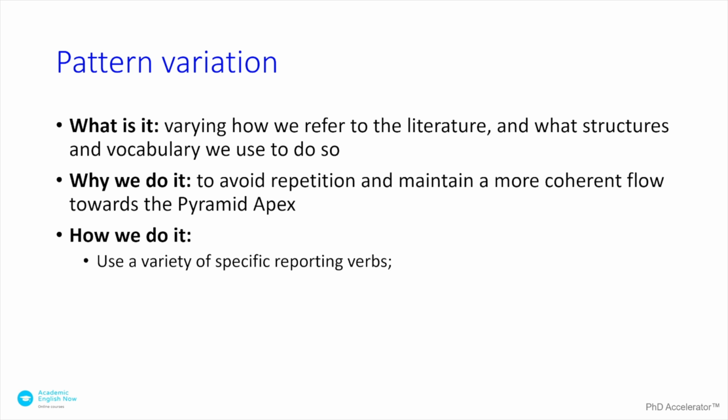So you don't want to be all the time saying shows, you shows, Gonzalez shows, another study shows, because that just becomes very repetitive as well. And you want to be picking the specific reporting verb depending on its meaning, because obviously the verb shows is different from the verb finds, and it's yet different from the verb reveals, or from a verb like concludes or highlights, right?